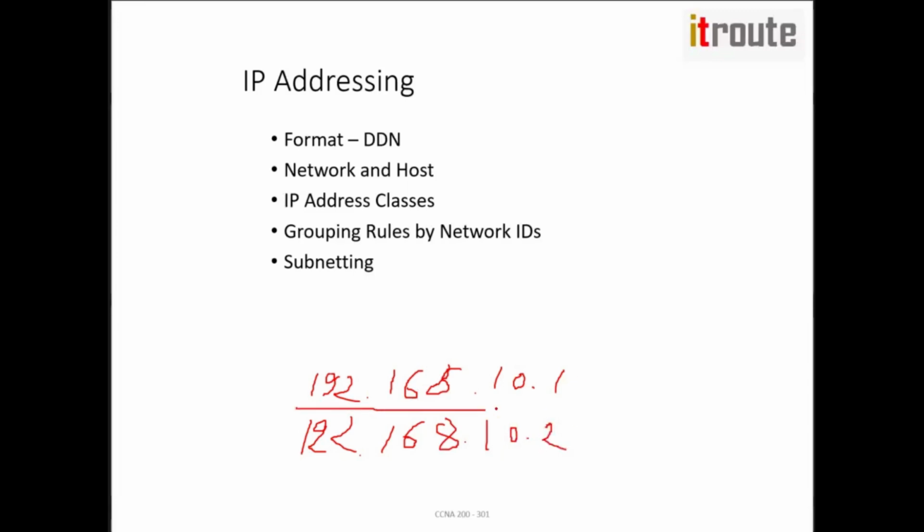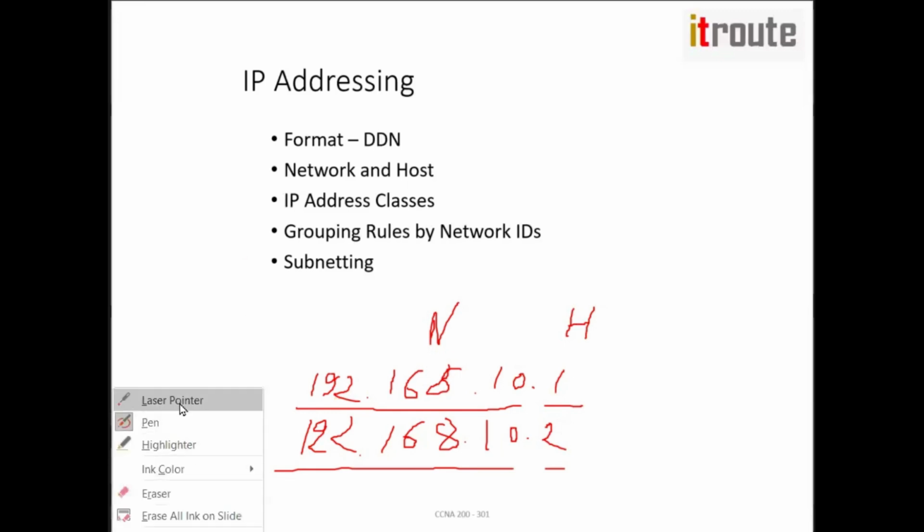The network portions are the same, but the host portions are different. Network portion indicates which network it belongs to, and host portion identifies the individual host.